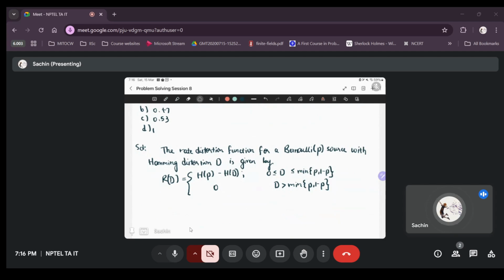If capital D is greater than minimum of p and 1 minus p, then R of capital D is 0. You don't need any bits to represent the value. You reconstruct to a single value all the time.